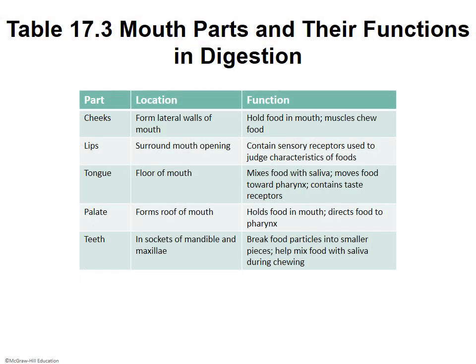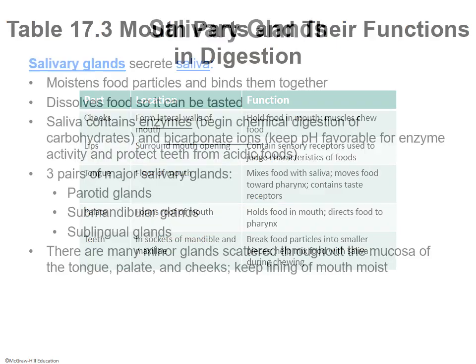So this is kind of a refresher course. The cheeks and the lips and the tongue, the palate, these are all parts of the mouth, and it gives a description of what they do. I would think you would know this without having to look at it, but you should make sure you know it, because that is definitely fair game for a test.